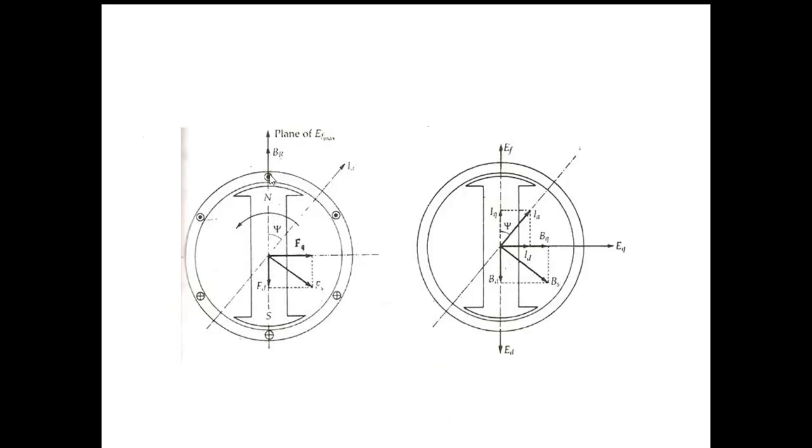Now if you can see here, in the direct axis, air gaps are smaller. Since the air gaps are smaller, reluctance is L by mu A, area is small, length of the air gap L is small. That means reluctance of the direct axis is low and reluctance of the Q axis is high.